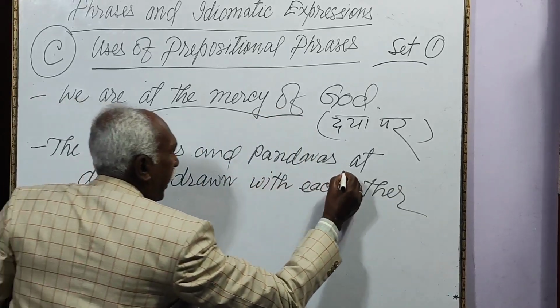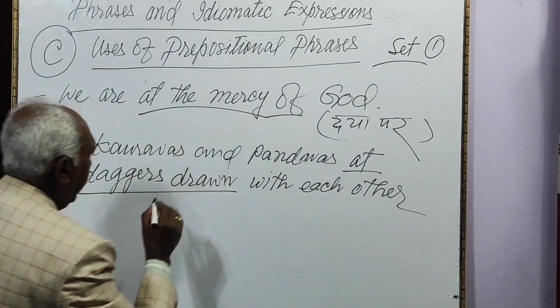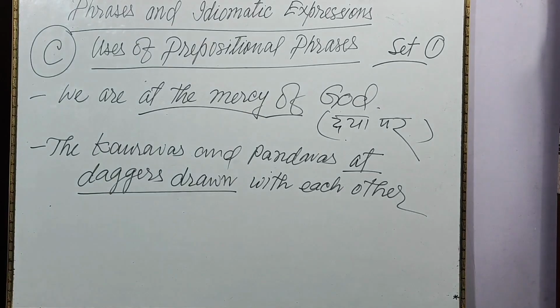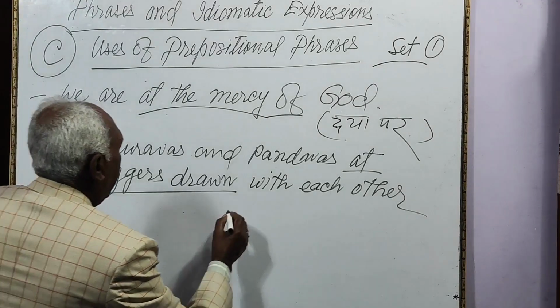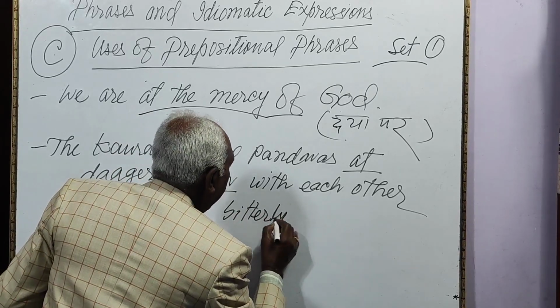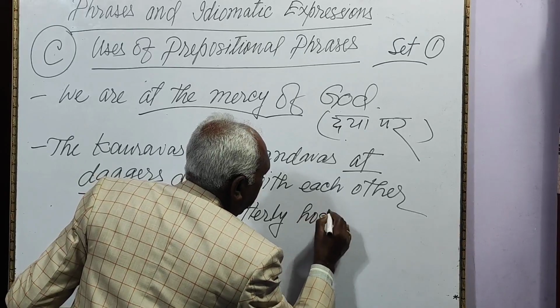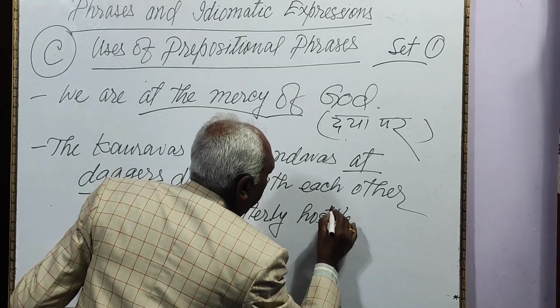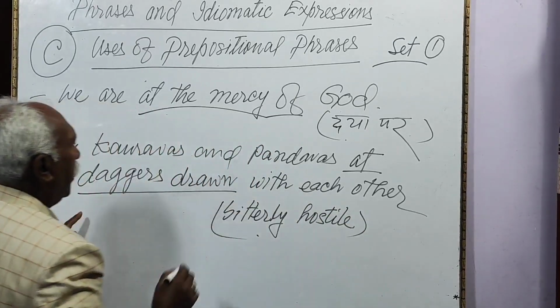Here you see, at daggers drawn, that means bitterly hostile. शत्रुवत्. Bitterly hostile.